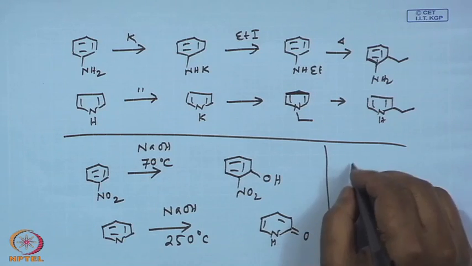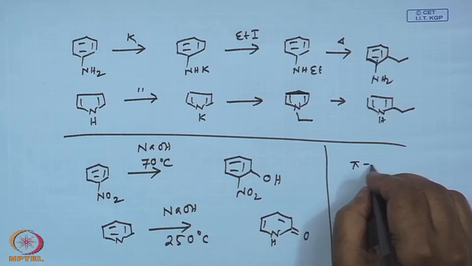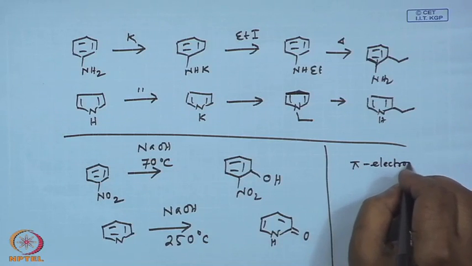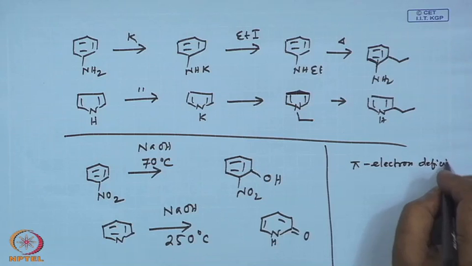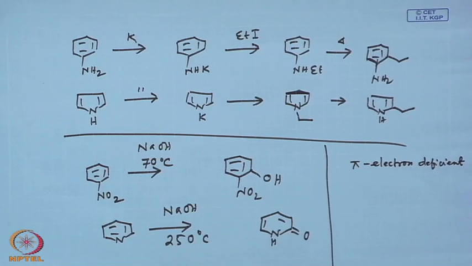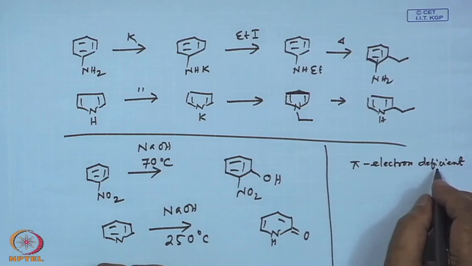and that has given rise to two very distinct nomenclatures. Now, many of you know one of them is known as pi electron deficient, with regard to the benzene molecule. Pi electron deficient means those molecules which are electrophilic in nature, for example pyridine and the corresponding 6-membered heterocycles.